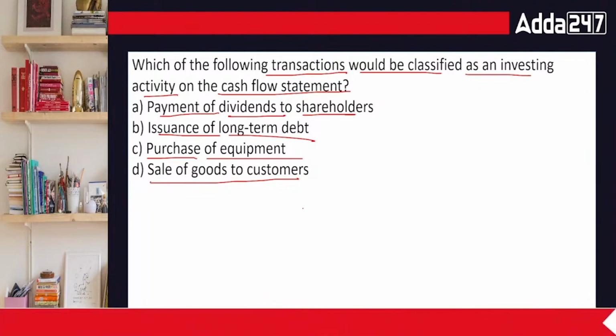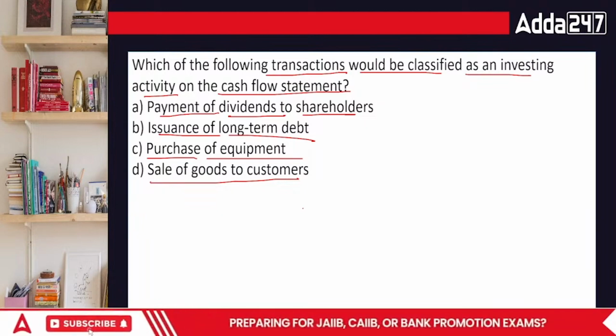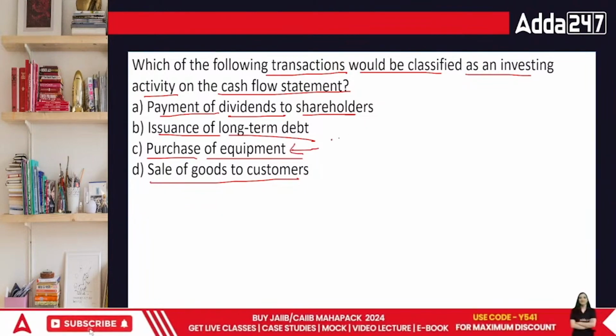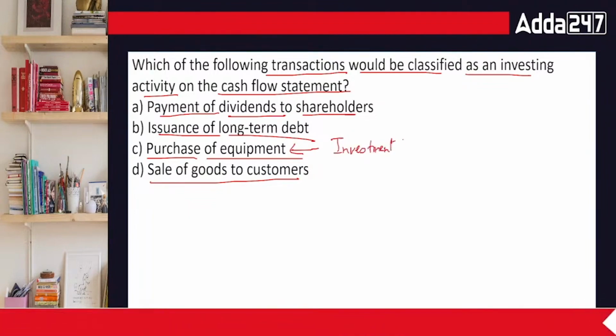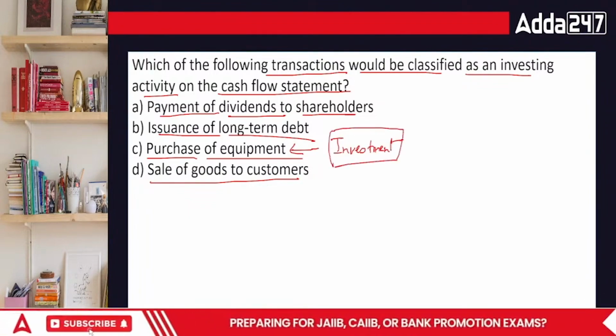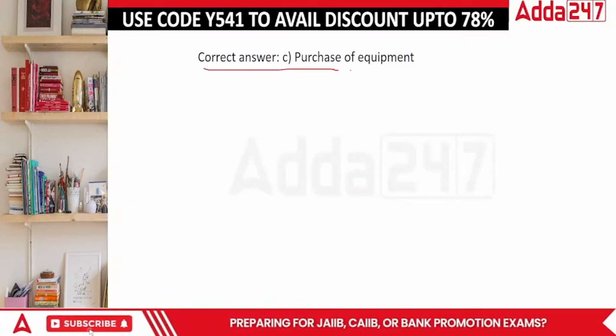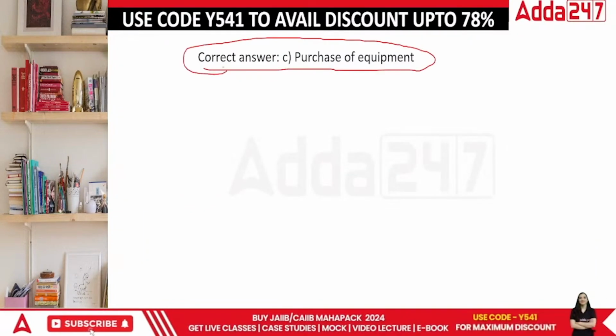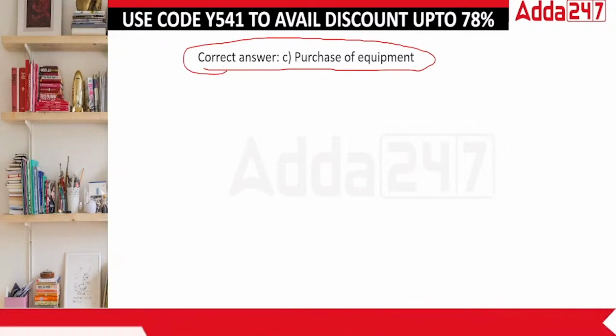So I would say this would be based upon sale of goods to customers. Nope. We are purchasing an equipment. This is investment based. The correct answer is purchase of equipment. Done?